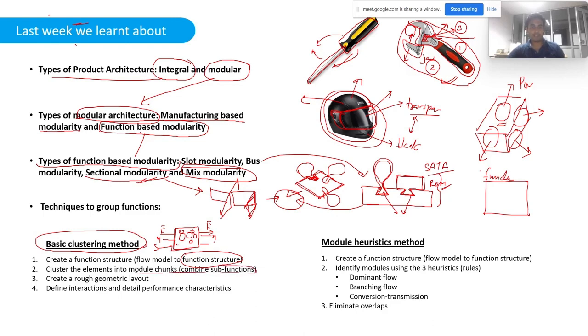These sub functions are combined based on whether they share some type of energy, or some common sharing of energy or material or signal. Based on that we group those small sub functions into a group, and we call them modules.